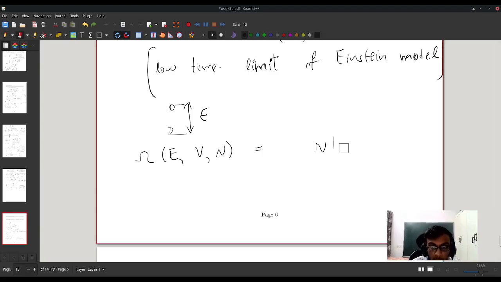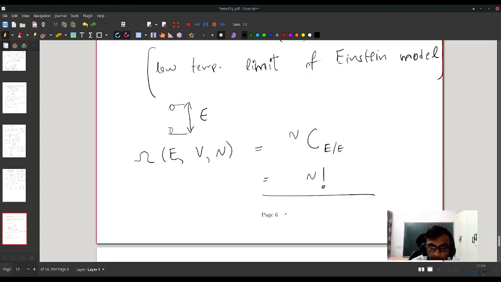So that would be N choose E by epsilon. So there is going to be N factorial divided by (N minus E by epsilon) factorial times (E by epsilon) factorial.